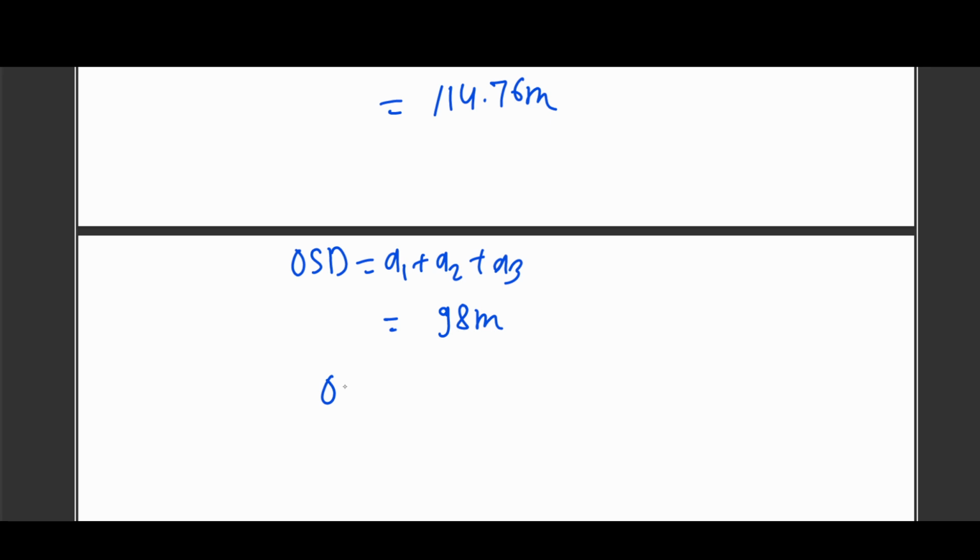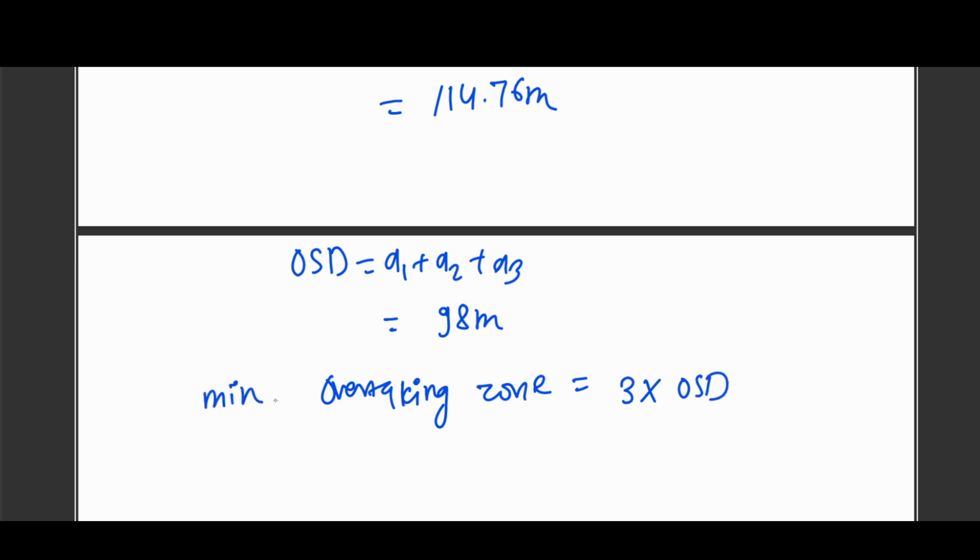And what will be the overtaking zone? The overtaking zone will be 3 times the OSD, that is the minimum length.